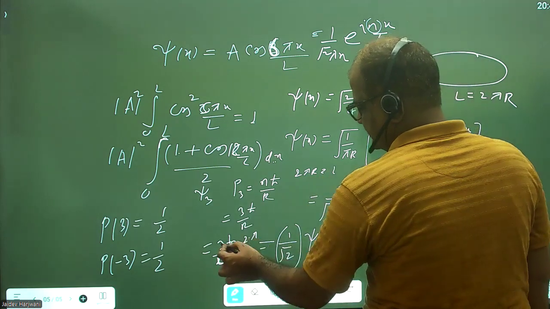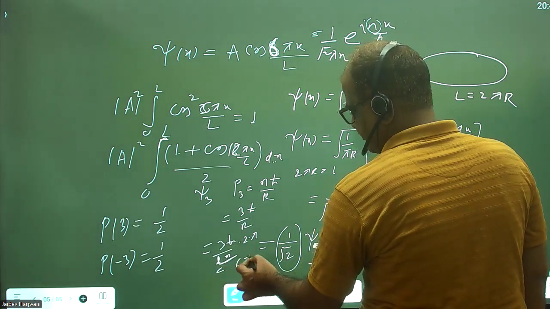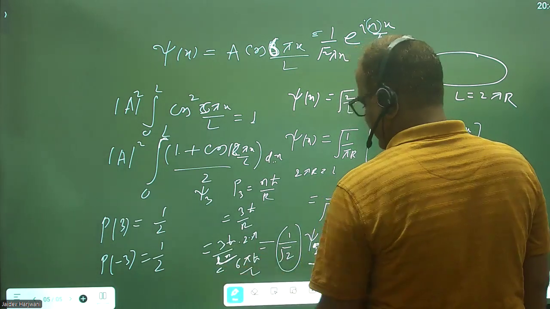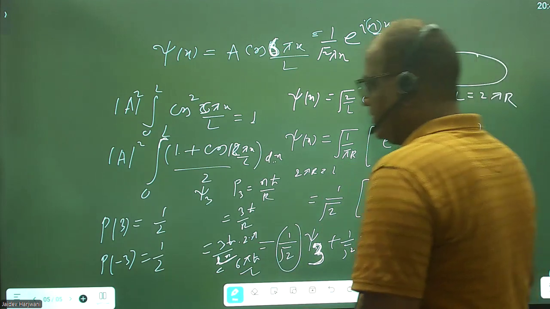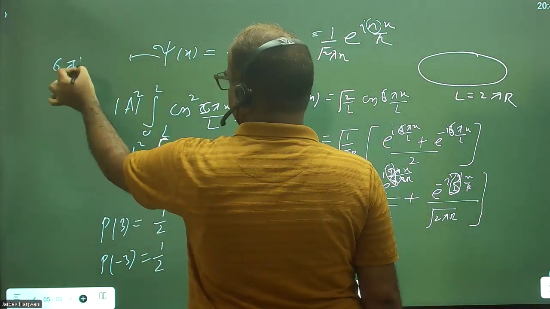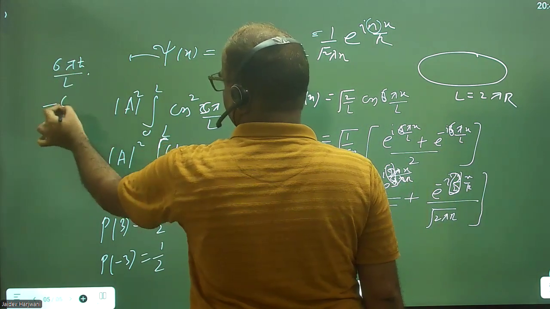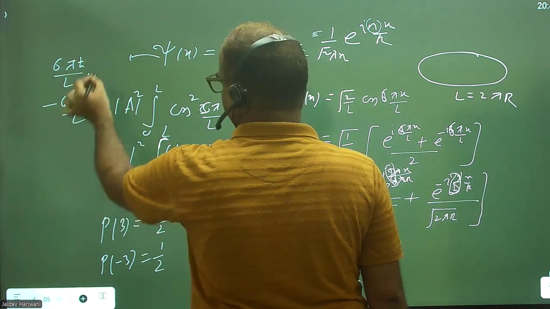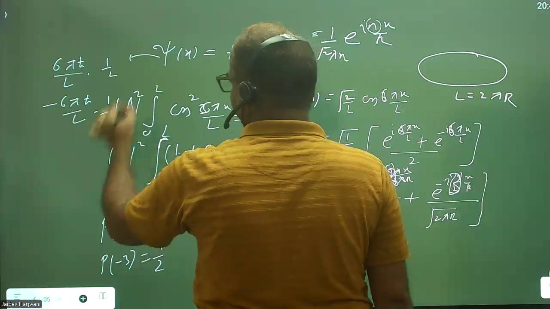So this becomes 6πħ upon L. So there are two momentum values possible for this wave function, 6πħ upon L or minus 6πħ upon L. Both have a probability of half and half.